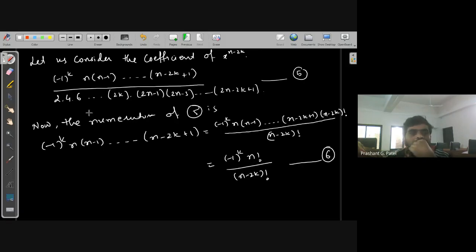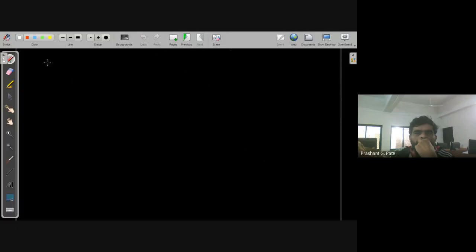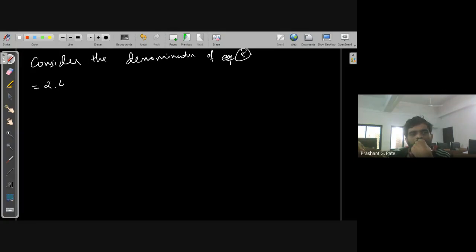Now let us look at the denominator of this fifth expression. What is the denominator? It is 2 into 4 into 6 up to 2k into 2n minus 1, 2n minus 3 up to 2n minus 2k plus 1.